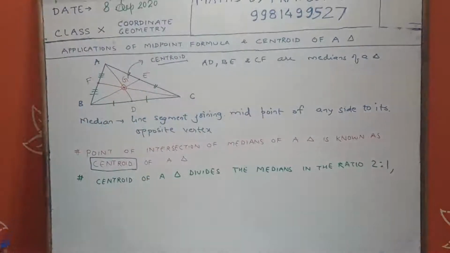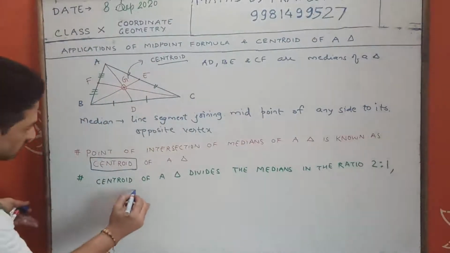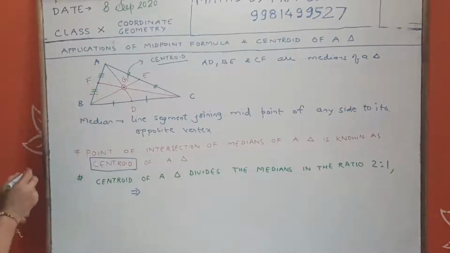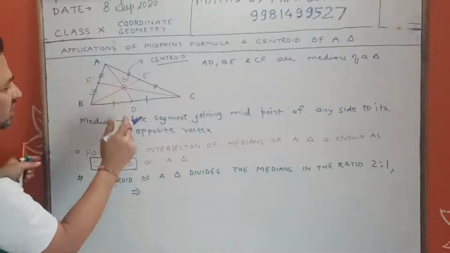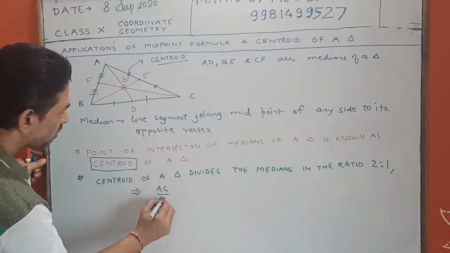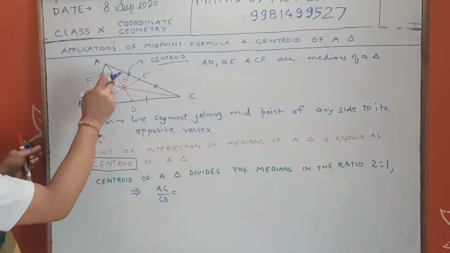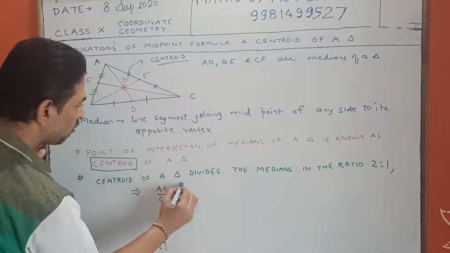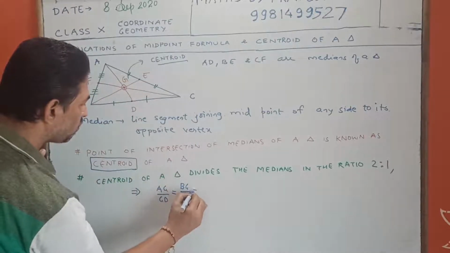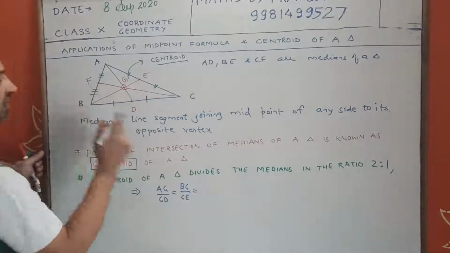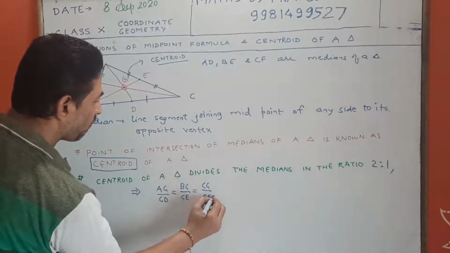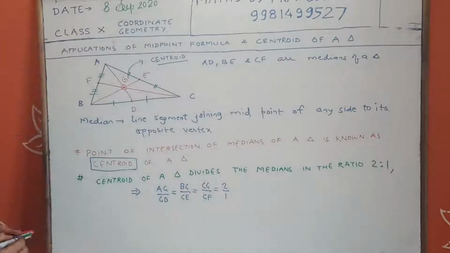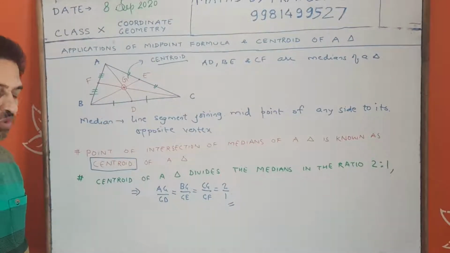It means G is centroid, AG upon GD equal to BG upon GE equal to CG upon GF, and this is equal to 2/1. Right? So this is a very important property, that centroid of a triangle divides the medians in the ratio 2:1.